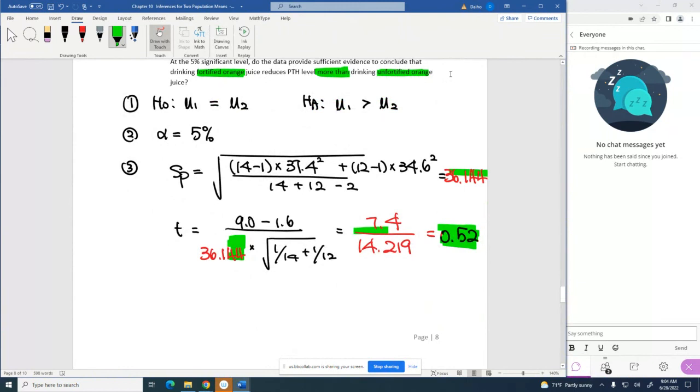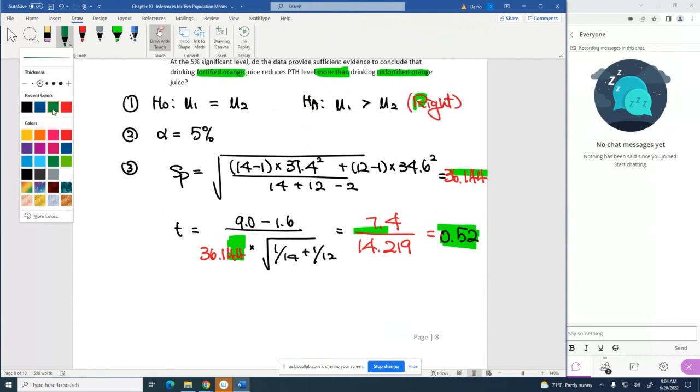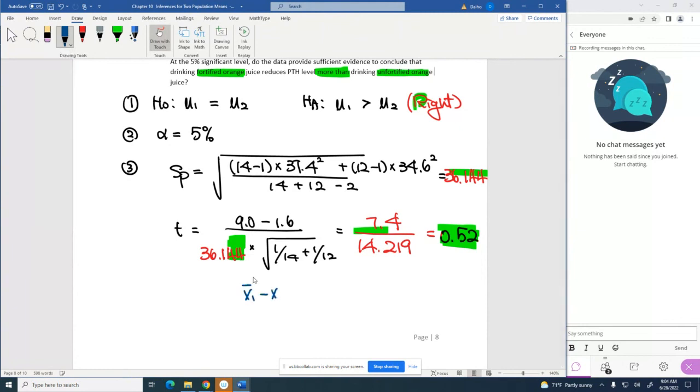5% right tail. When we find the t-score, the t equation was x1 bar minus x2 bar over S_P times the square root of 1 over n1 plus 1 over n2, right?